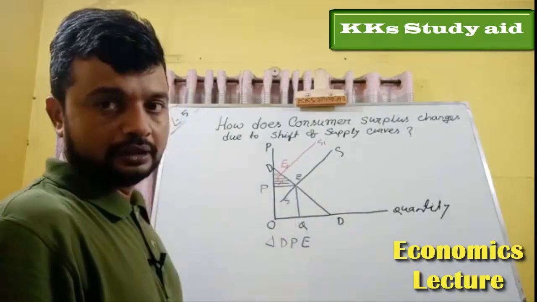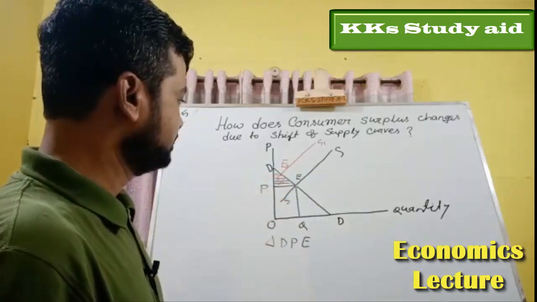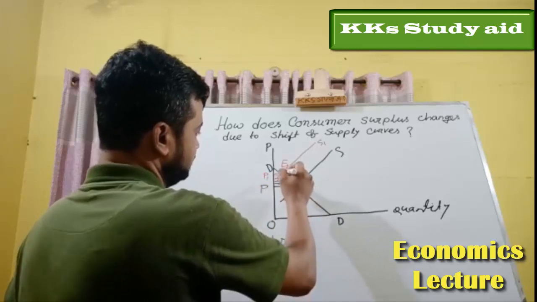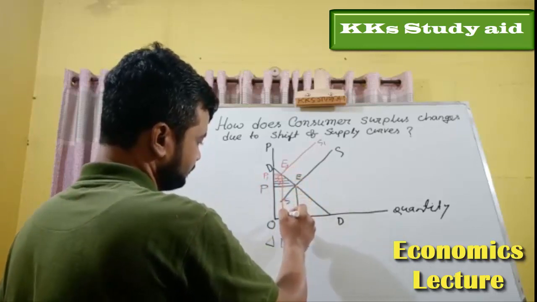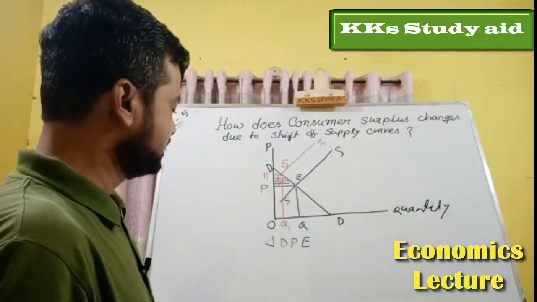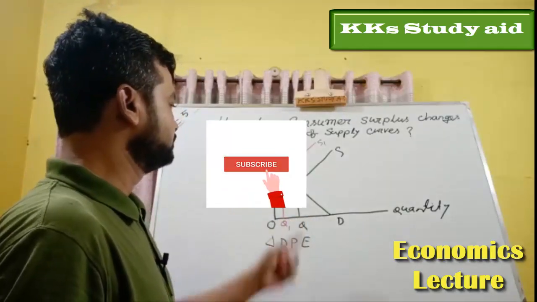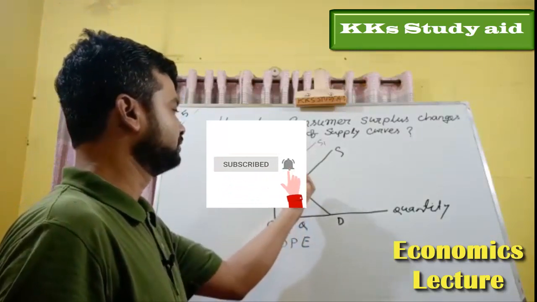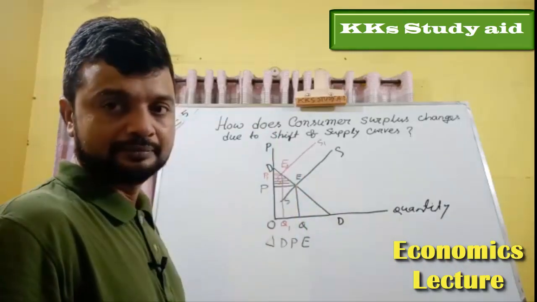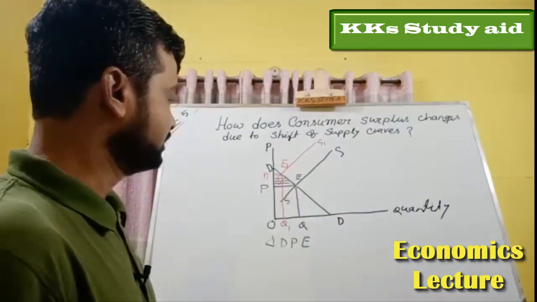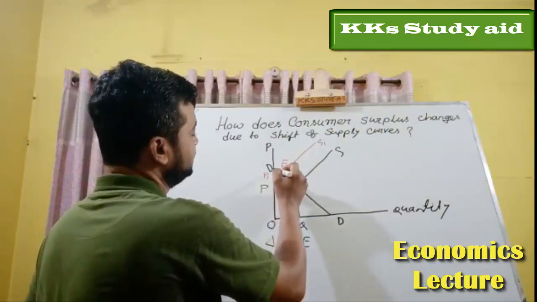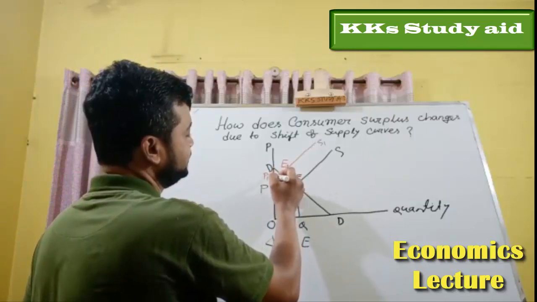E1 is the other equilibrium point which relates the price P1 and quantity Q1. So we see here that when the market price is P1, due to the increase in supply curve shifting upwards, there is an increase in market price which causes consumer surplus to decrease. And here we find the consumer surplus will become the triangular area DP1E1.